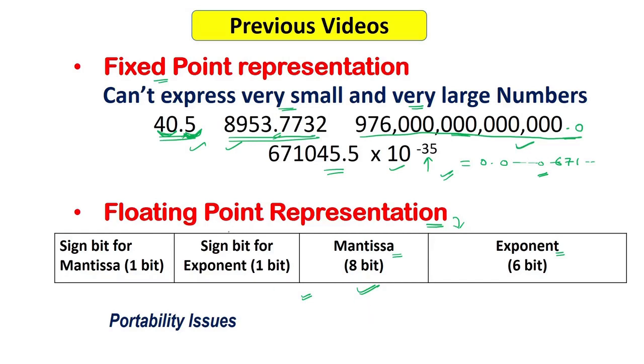The limitation of this floating point representation scheme, as we have also seen, is a portability issue. For example, one CPU designer can take this representation where it stores the mantissa in 8 bits and the exponent in 6 bits. Another CPU designer can take, let's say, 7 bits for the mantissa and 7 bits for the exponent. Again it is a total of 16 bits, 1 bit here, 1 here, 7 here, 7 here. But now the portability issues will come.